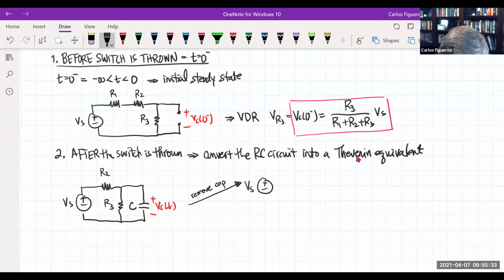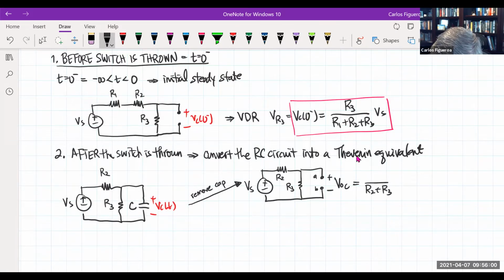I get my V source, and again, this is R2, R3, and this guy here is now VOC because there's my A and there's my B. And you could see that I could use voltage divider rule to get this. So immediately I could say that according to voltage divider rule, it's got to be R3 over R2 plus R3 times V source. I now know what my VOC is.